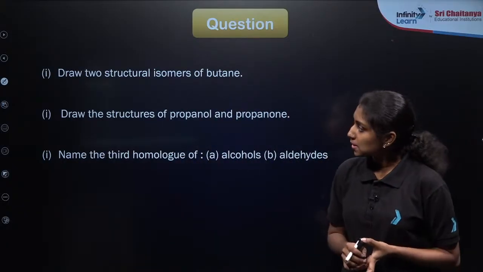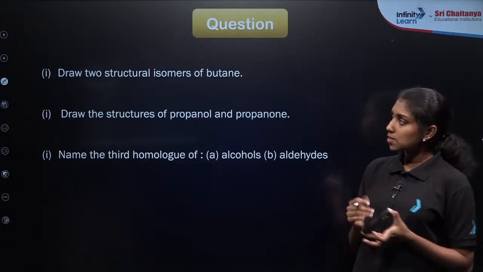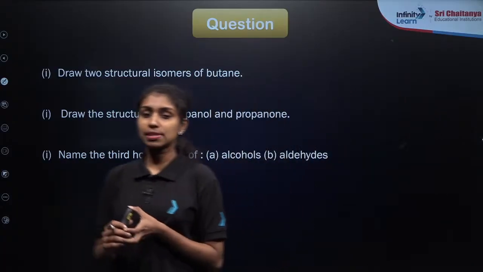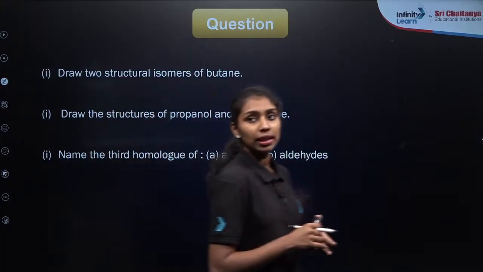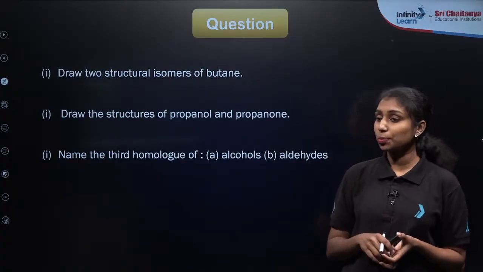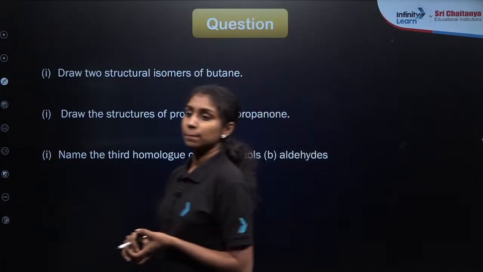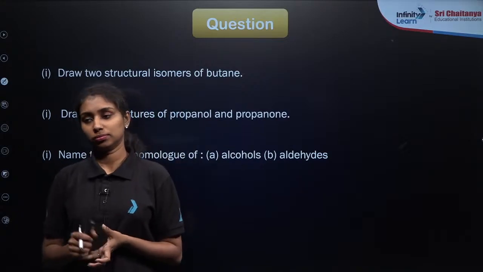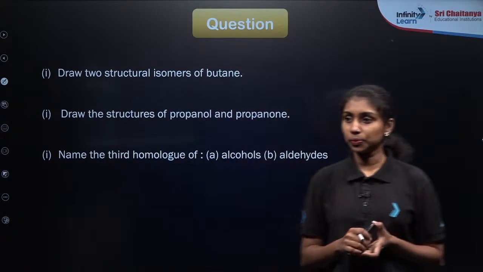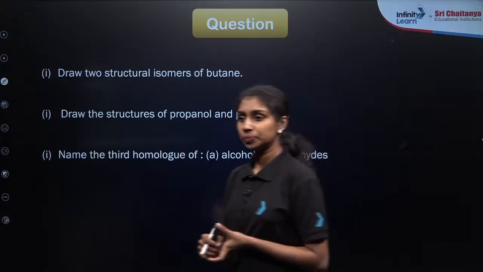Here is our next question. Question is based on the isomerism part. After completing the IUPAC naming, we have seen about the isomerism part, right? So try to draw the 2 structural isomers of butane. So what do you mean by the isomers or the process of isomerism? What is the specialty?